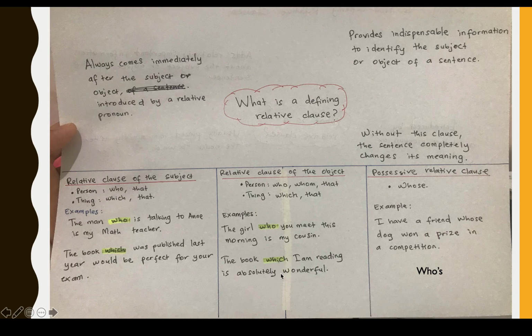For possessive relative clauses, we use whose. Not whose with apostrophe s, it's WHOSE. For example, I have a friend whose dog won a prize in a competition.